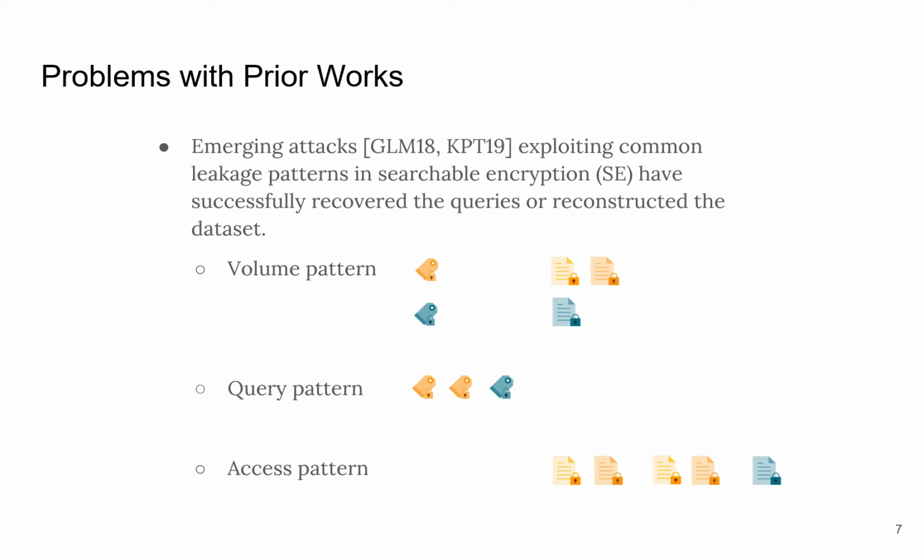These are all common SE leakage patterns, and initially people were okay with such leakage, as allowing it provided fast SE solutions. But in recent years, emerging attacks exploiting those leakages have successfully recovered the queries or reconstructed the dataset, and thus it becomes a problem.